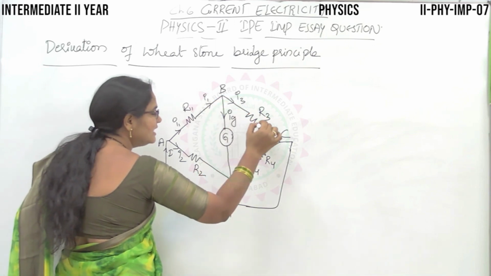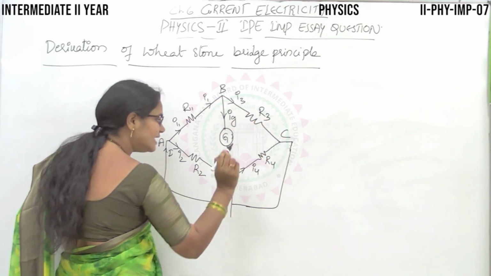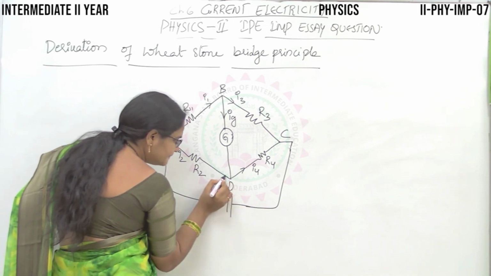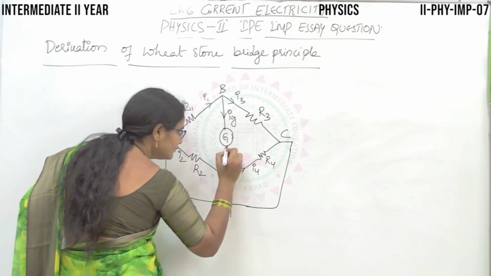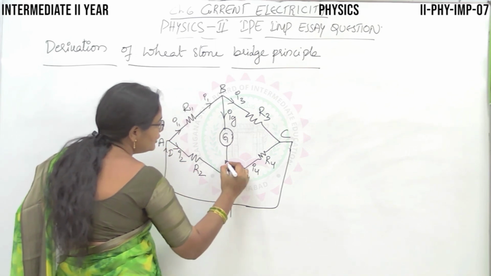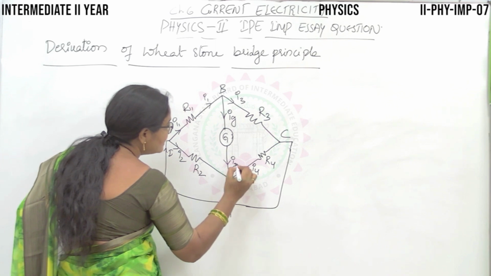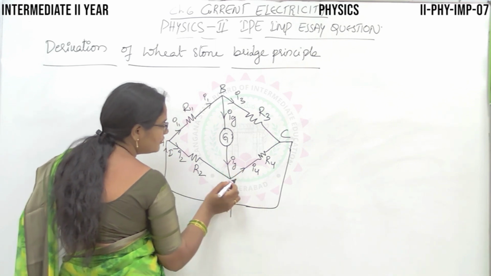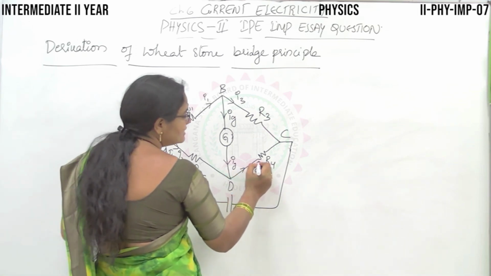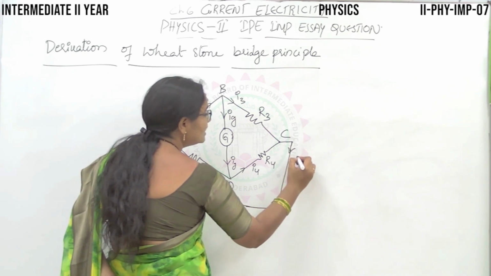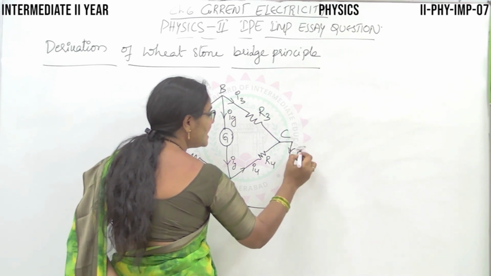This I3 will reach the node C. By that time I2 will come and reach the junction C. At the point D, it will receive the current Ig. The current will be divided into I4, and finally, the outgoing current will be the same I.